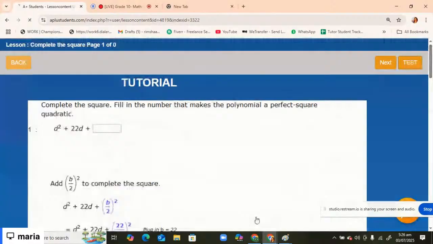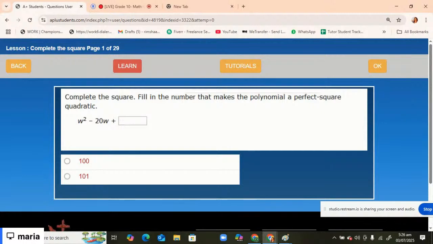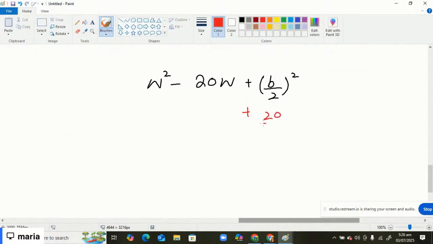Now let's do the test questions. Complete the square, fill in the numbers that make the polynomial a perfect square quadratic. w square minus 20w, and here is the missing term. That is b by 2 whole square.